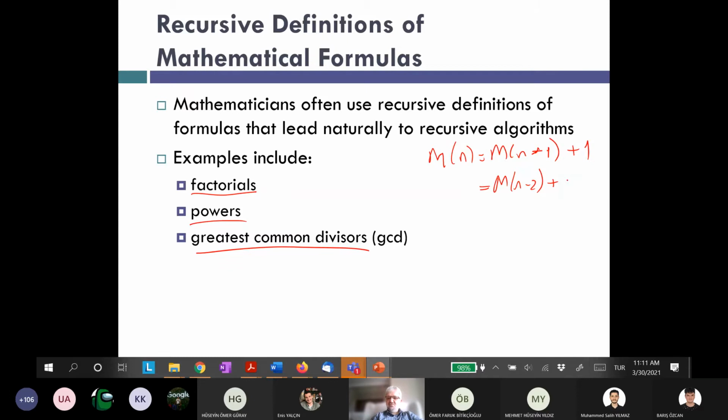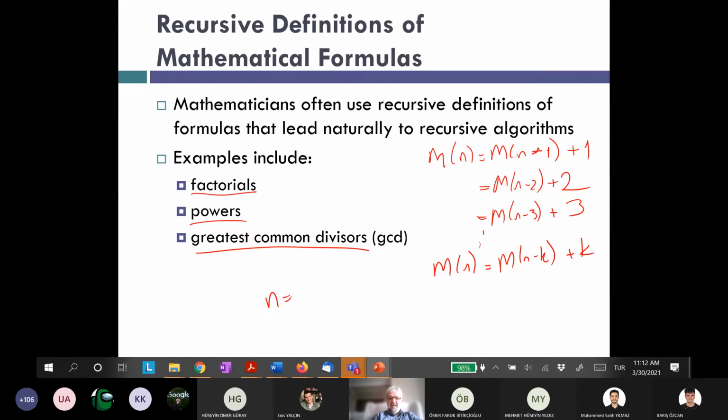So it is mn minus 2 plus 2. And what is mn minus 2? It is mn minus 3 plus 1 plus 2 makes 3, right? And if you continue like this, mn is equal to mn minus k plus k, in general.